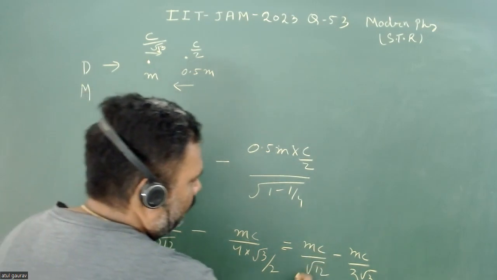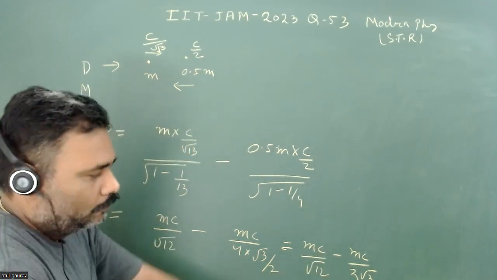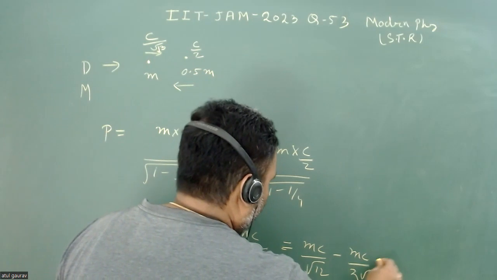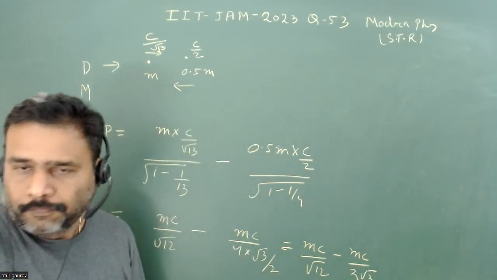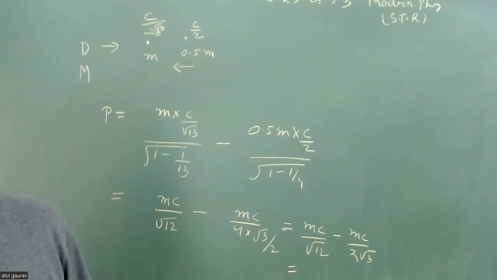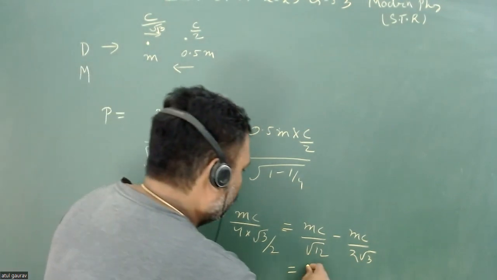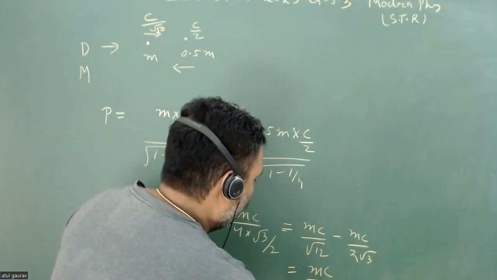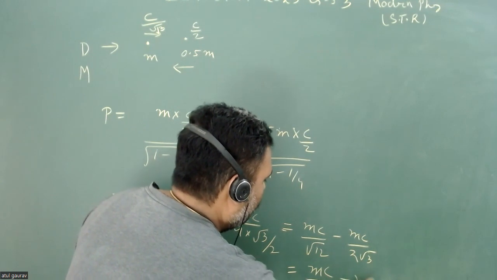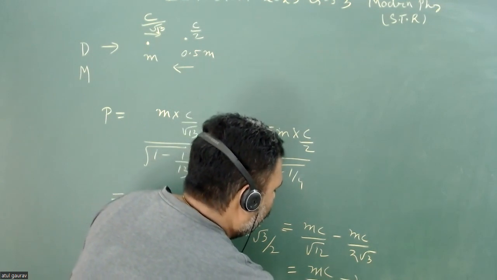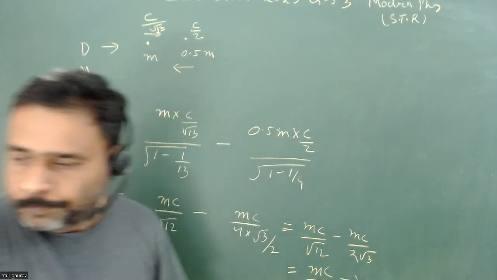And yes, we can write mc upon root 12 as mc upon 2 root 3. So this value is mc upon 2 root 3 minus mc upon 2 root 3, and that value is 0.